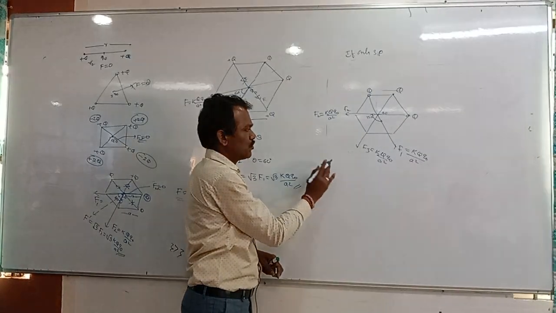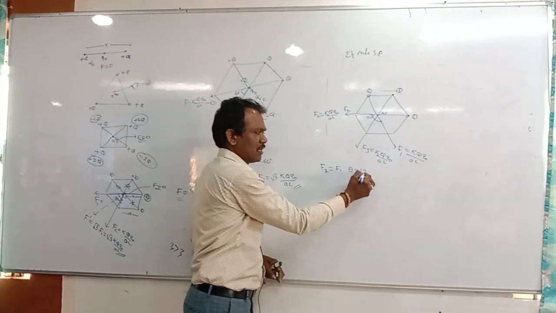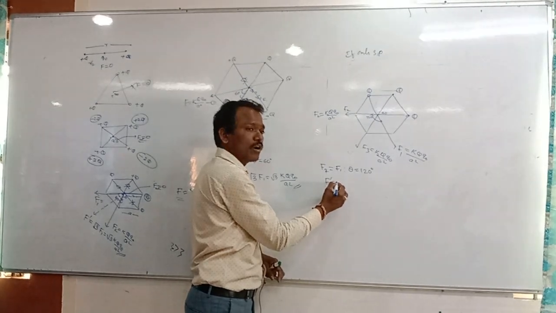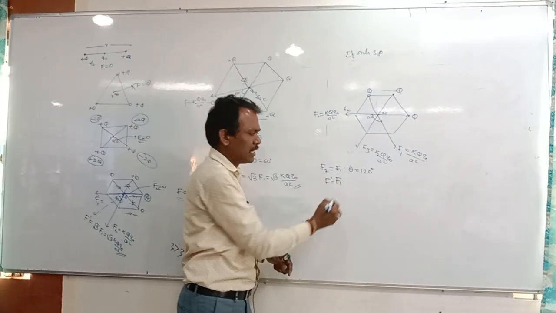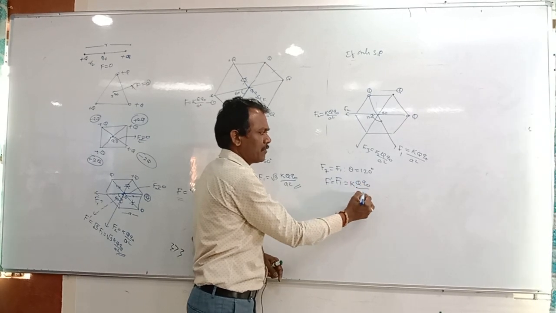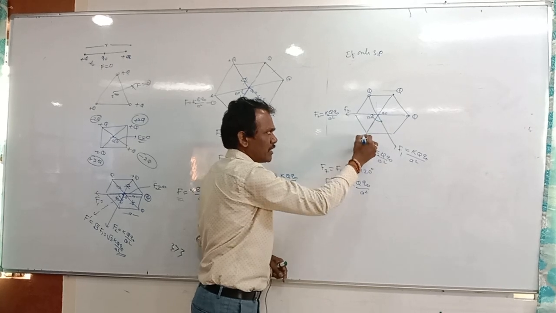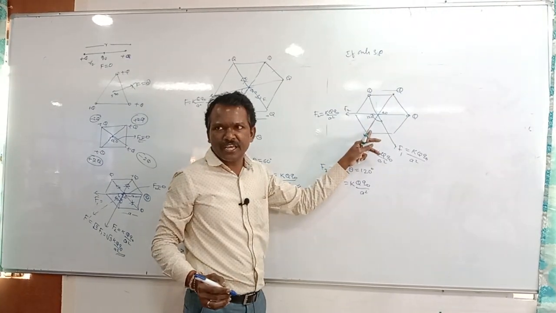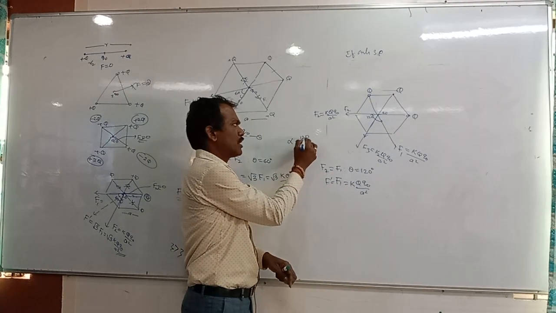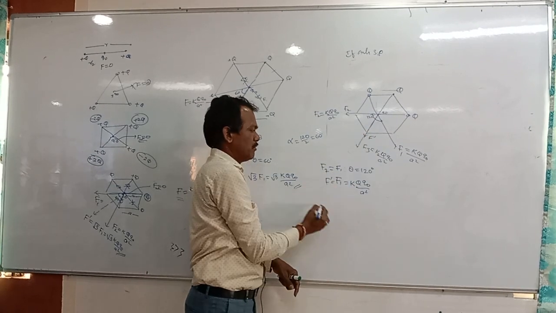So F2 is equal to F1 and theta is 120 degrees. Then F dash is equal to F1 only, that is K into Q naught by A square, and the direction is along this direction because the resultant direction is half of the angle. Alpha is equal to 120 by 2, that is 60 degrees. So along this direction F dash will be there.